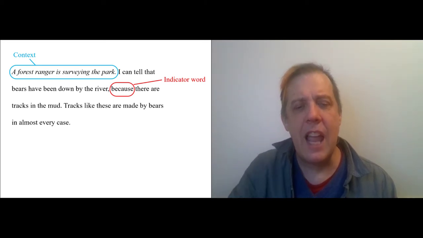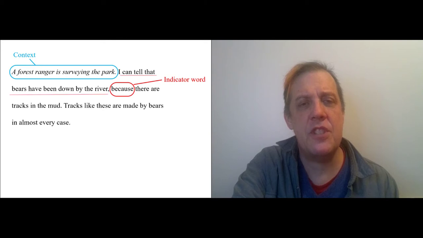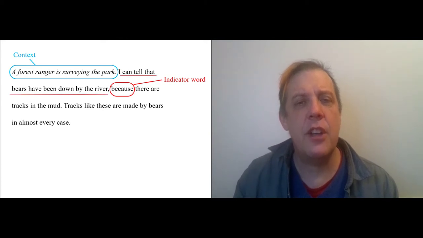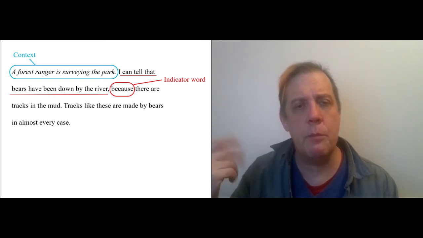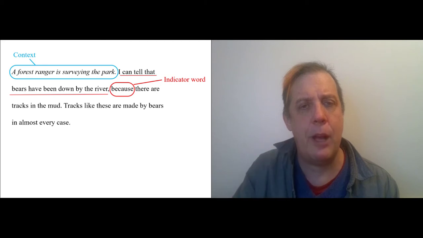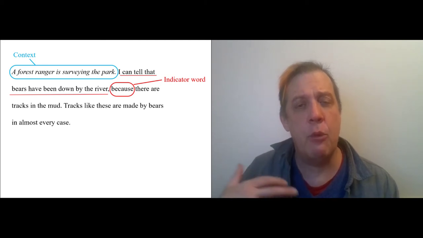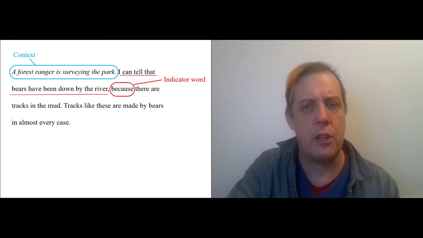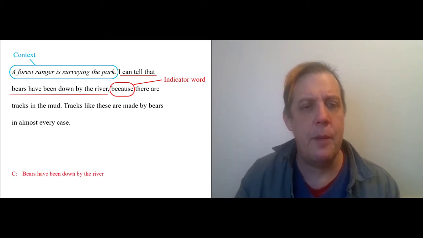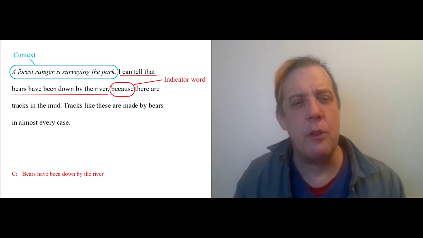And that means that the first statement is the conclusion. I can tell that bears have been down by the river. When we put this in standard form, we're going to drop out the I can tell that, and we're just worried about this proposition that's about the world. We're not worried about the thinker. So we say, bears have been down by the river.